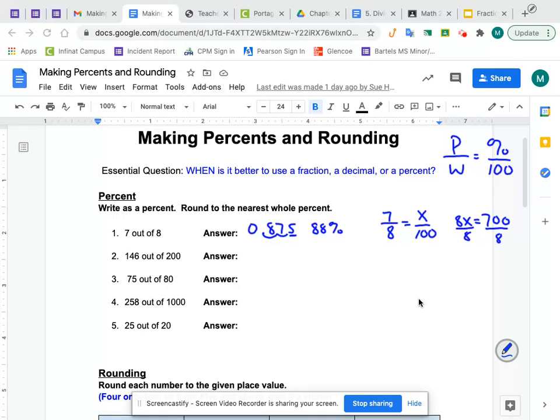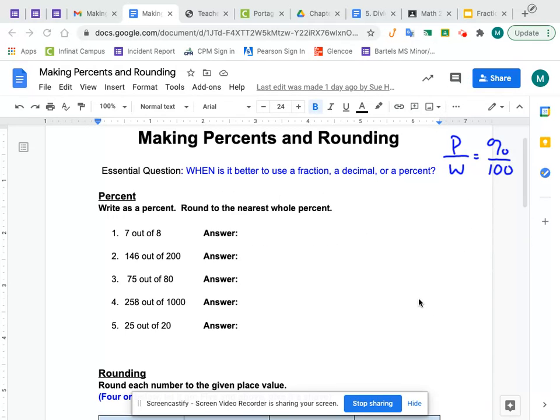And when I do that, I remember type it into my calculator. I get, again, 87.5, and then I'm going to round to the nearest whole percent. So again, I'm going to come back and I will get 88% as my answer.